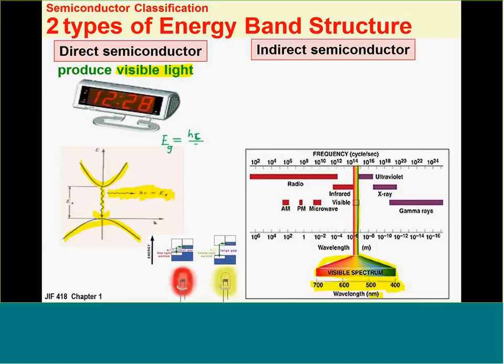Okay. So lambda dia, kalau kita nak merah, is about 700. So 700, kita tahu bahawa E red ni, red punya, the gap must be small lah.